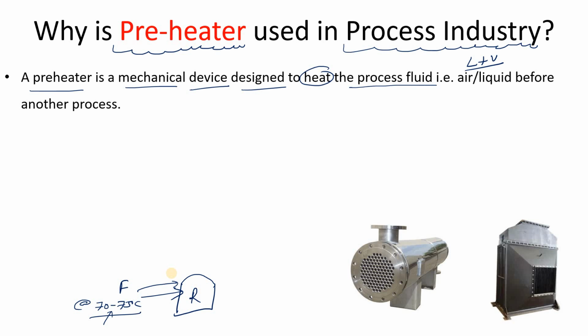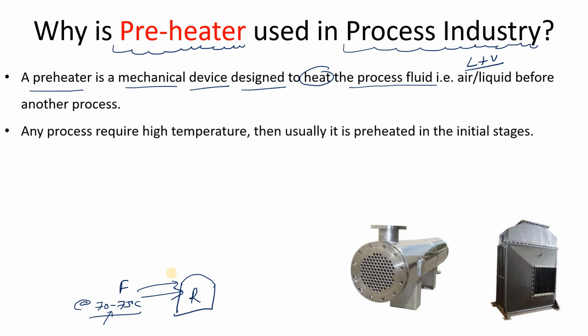And the overall efficiency of the plant increases by using the preheater. Any process that requires a higher temperature is usually preheated in the initial stages. I hope you are getting my point. But if we do not heat it in a preheater in the initial stages, there could be some effects on the equipment, I will tell you that later.